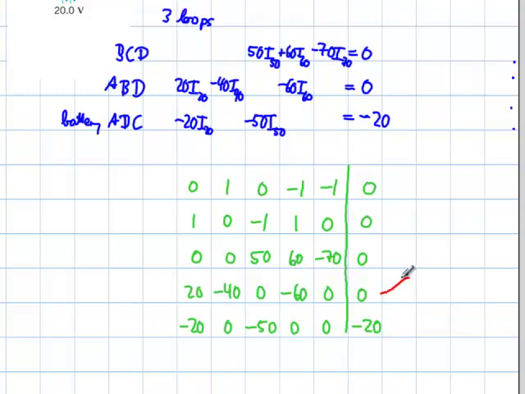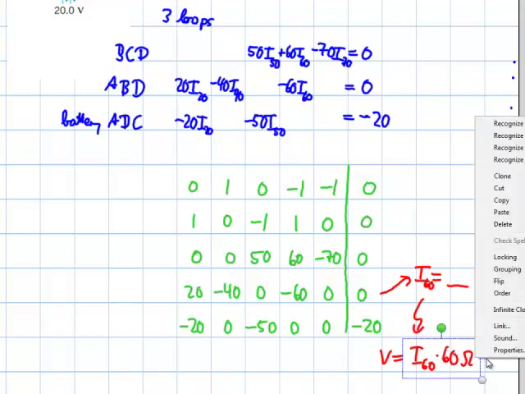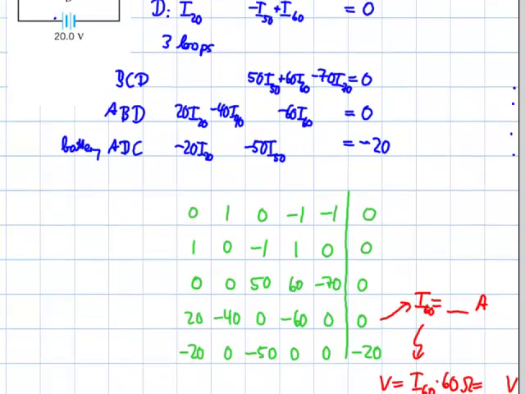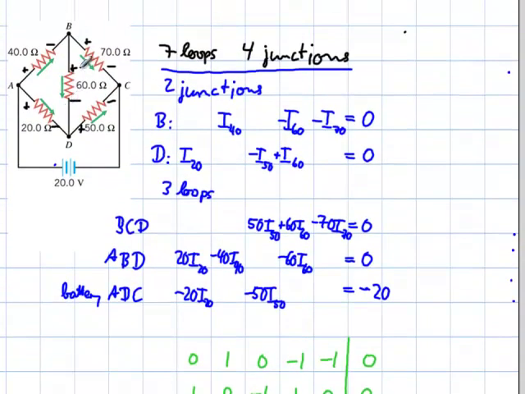This one here is going to give me I equals so many amps, and from that I'm going to get that voltage equals I60 times 60 ohms, and that equals the negative 0.94 volts, and that negative then tells me that this one here actually needs to be turned around.